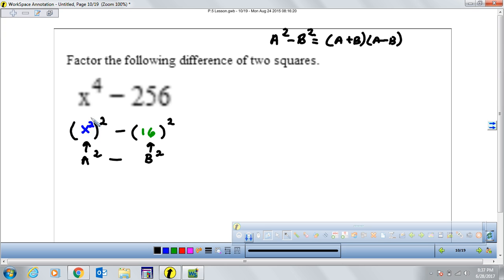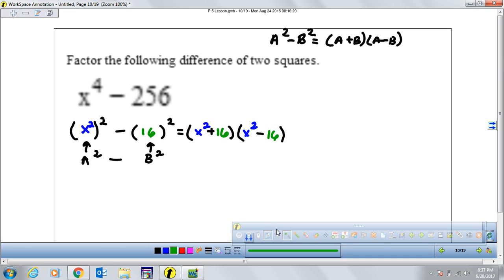So a is x squared and b is 16. So if we put them in the parentheses, this is how my answer is going to look like. It's going to be a plus and a minus, and in the first parenthesis is a plus b, which is x squared plus 16, and on the second parenthesis is a minus b, which is x squared minus 16. Remember that a is x squared and b is 16.